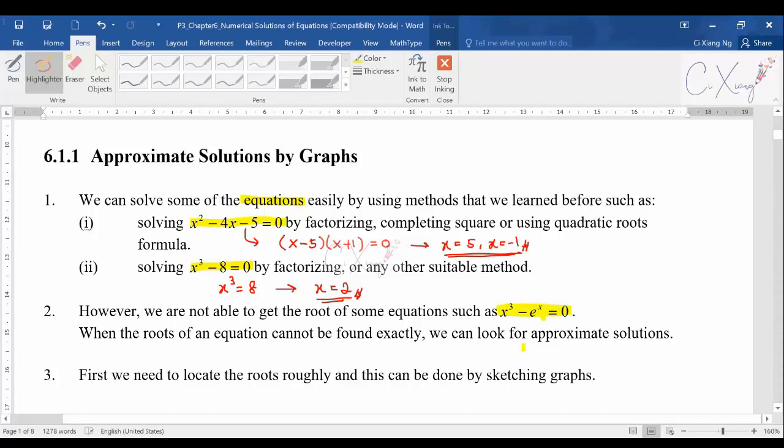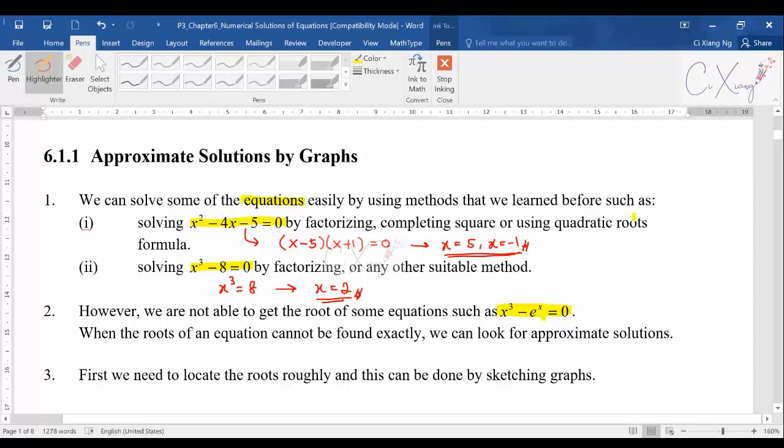You will realize that no matter what method you try, even if you take log or factorize, you actually cannot get the root. You will get halfway and cannot get a value for x. There are a lot of such equations in this world, because the equations that we learn to solve are of very limited types only.